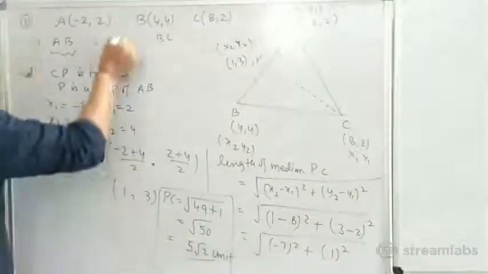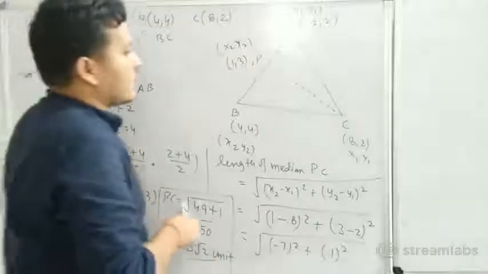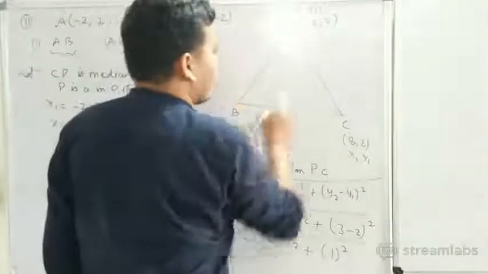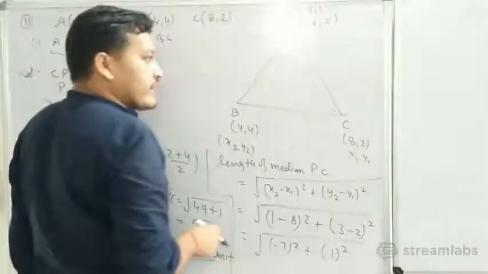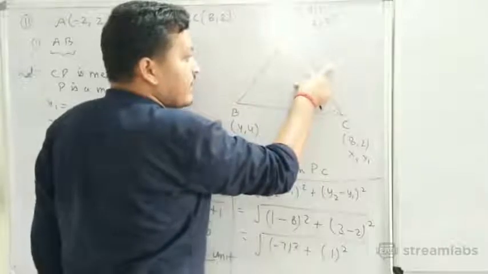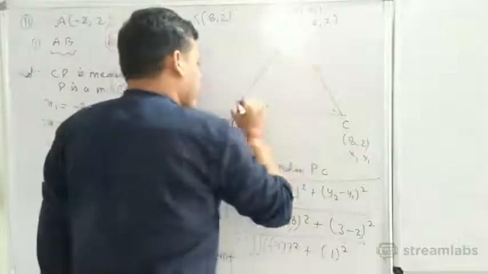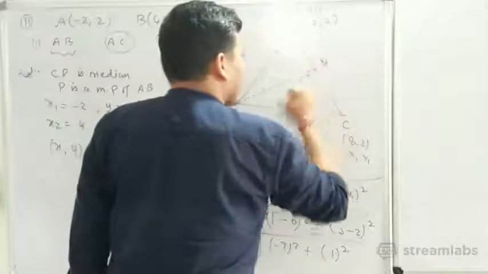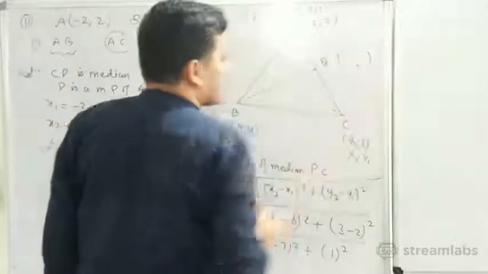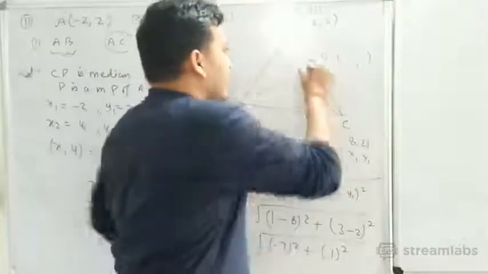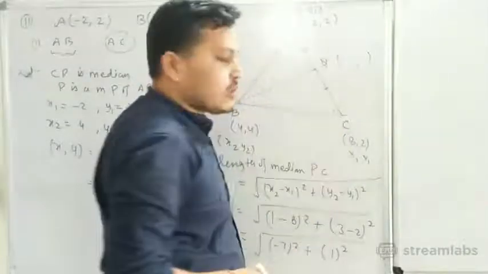Similarly, you can calculate for AC. Now calculate it for AC. AC means the median of this side. So we can draw the median of this side from vertex B. Let this point be Q. Can you calculate the coordinate of this point? Because BQ is the median, the median divides AC into two equal parts.